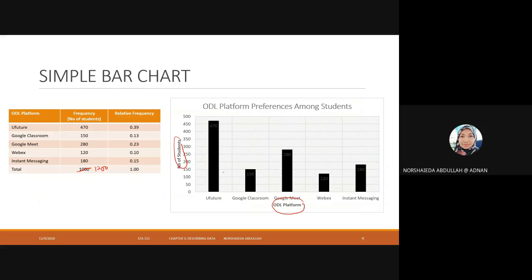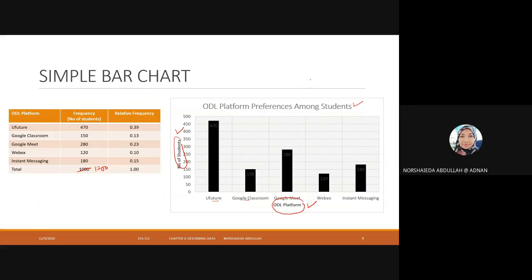Okay, so yang penting, first you kena label. Label the variable. Okay, x axis tu apa, y axis tu apa, the frequency, and then mesti ada the title lah. And then each of the categories tu pun kena label jugalah. The YouTube, classroom and so on tu kena label juga. Right?